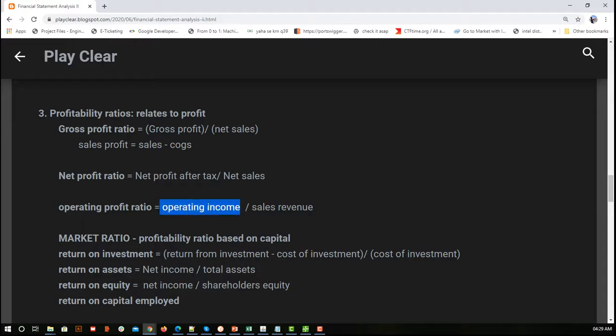Now, can you say that operating income is like a profit, and sales revenue is like the amount we get after selling, the actual price of the product? So we can say profit divided by the price of the product. The concept here is that the profit can never be more than the product's price, correct?